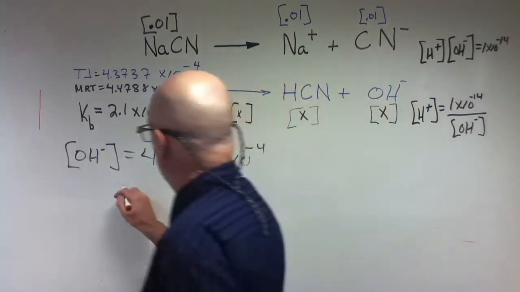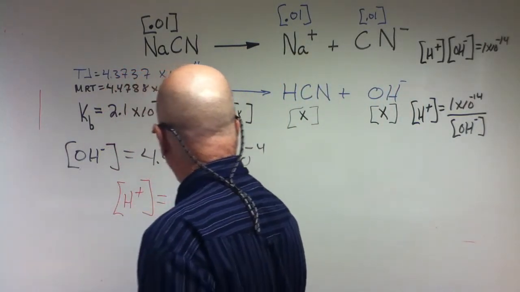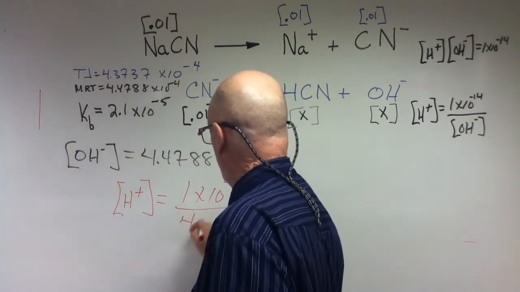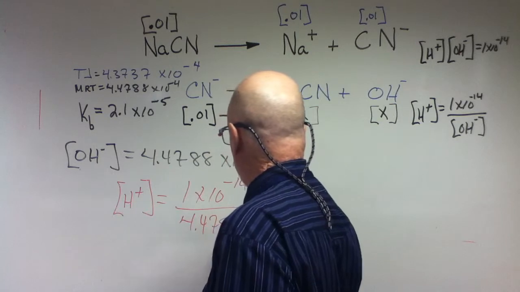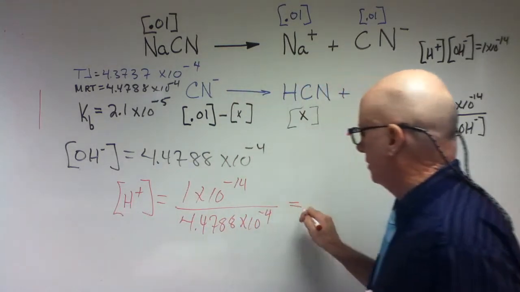So I would say H plus equals 1 times 10 to the negative 14 divided by 4.4788 times 10 to the negative 4 equals what?